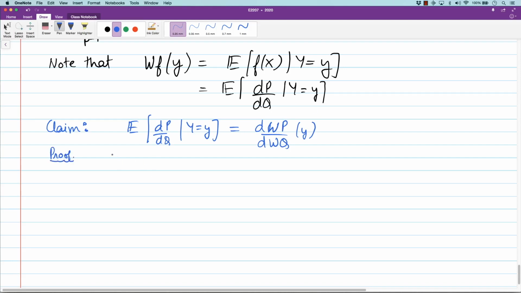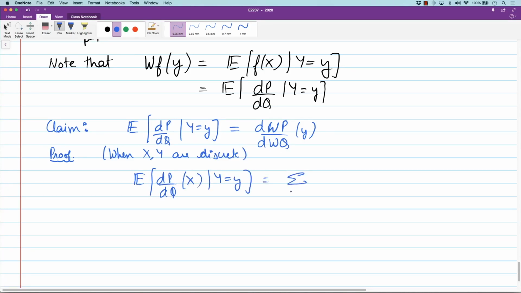So when random variables X, Y are discrete, in that case the expected value of dP by dQ as a function of x given Y equals y equals the summation over x.